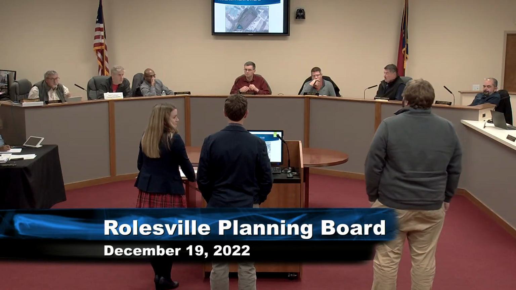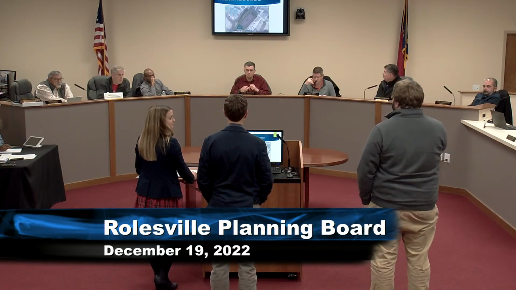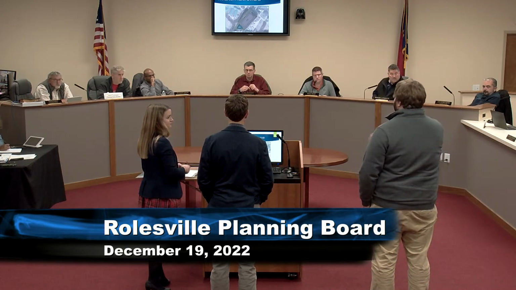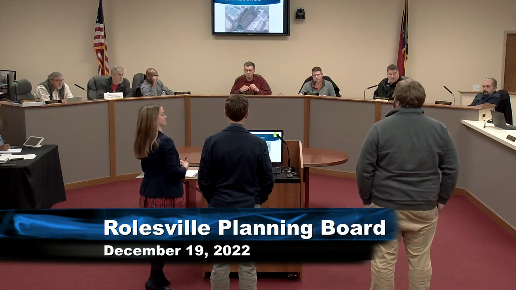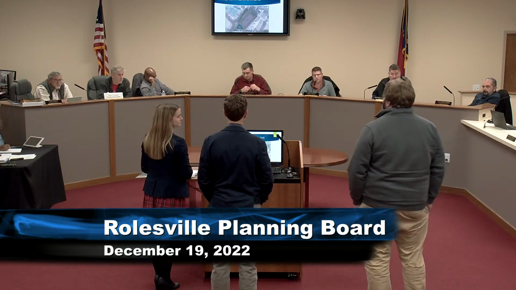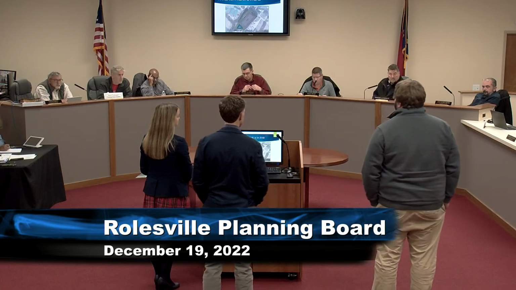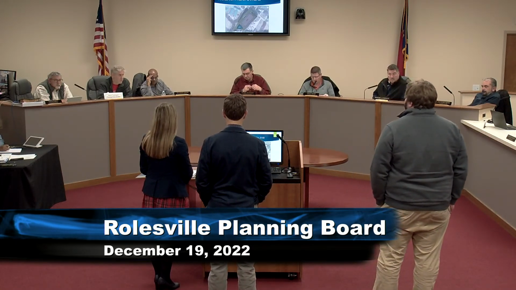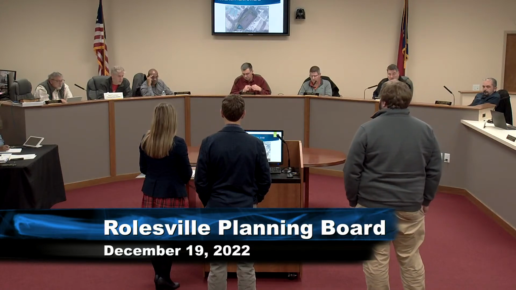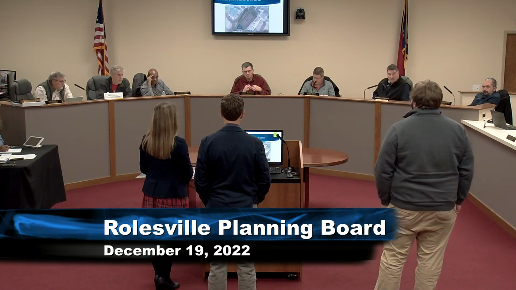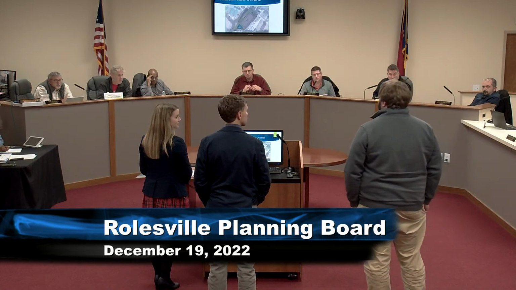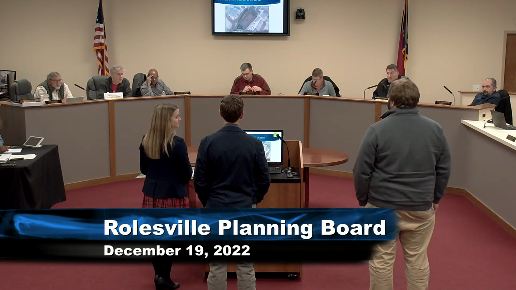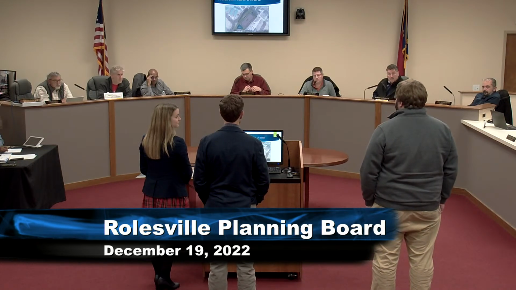I just think the complexity of the grading of a self-storage that's all one level, we don't know exactly where those pockets are gonna be, but the intent is, if we can meet the LDO buffer requirements with existing vegetation. It's our money, and I think this is a young stand of pines. I don't think there's a lot of value to it, other than that dense vegetation from the neighbors.